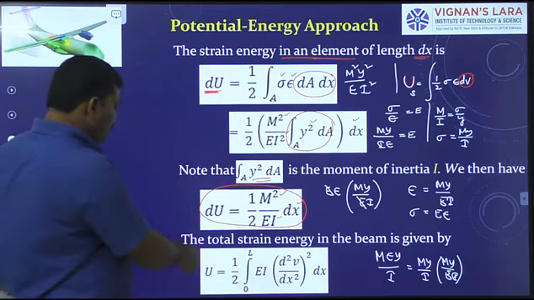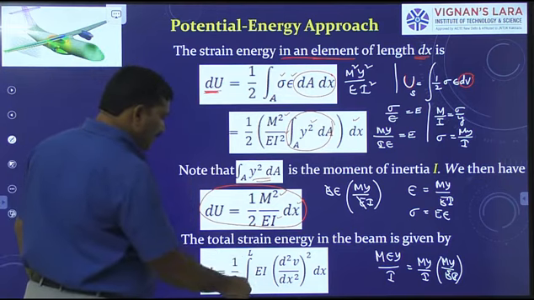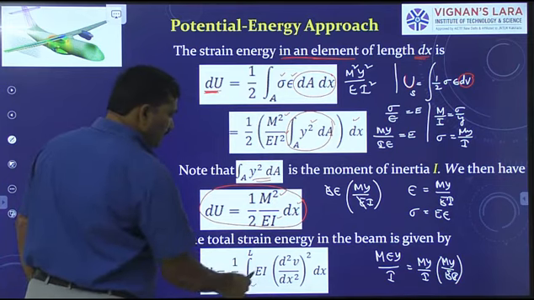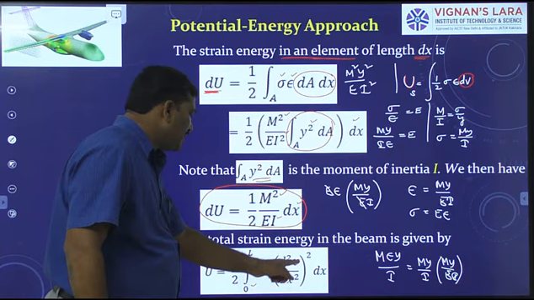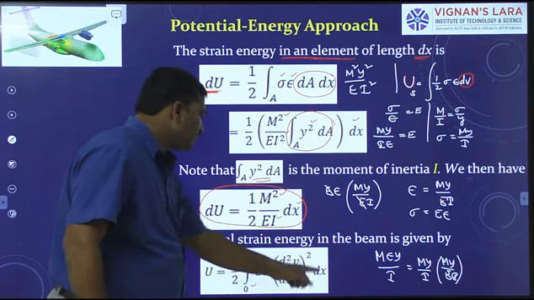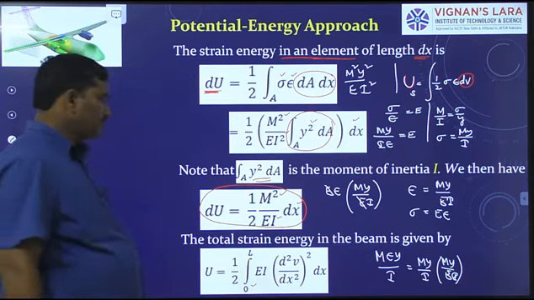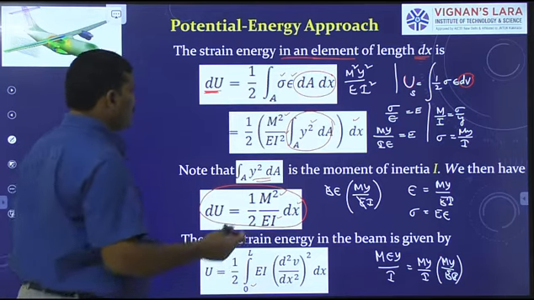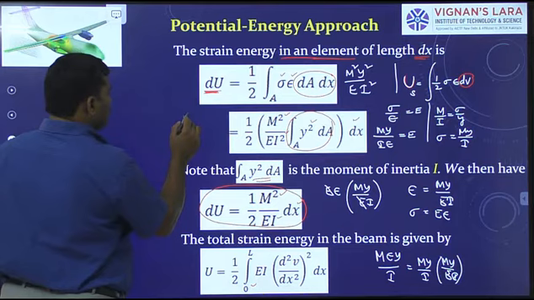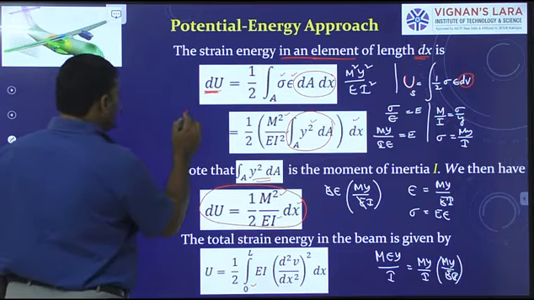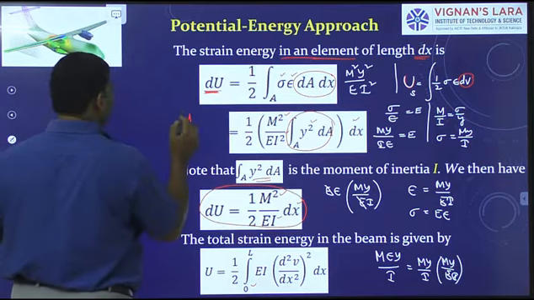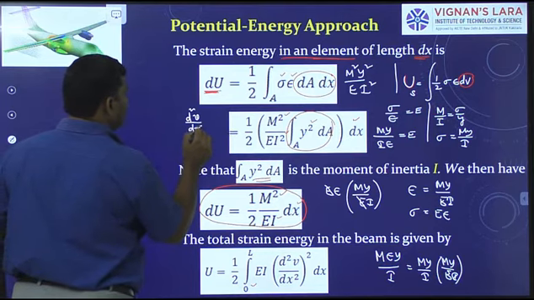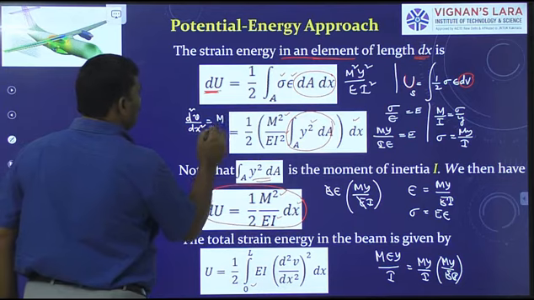Therefore, U equals 1 by 2 integral over the length of the beam EI into (d square v by dx square) whole square into dx. How do you get this? That is the question. We know that d square v by dx square equals M by EI.